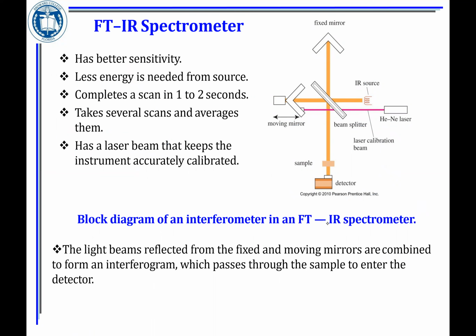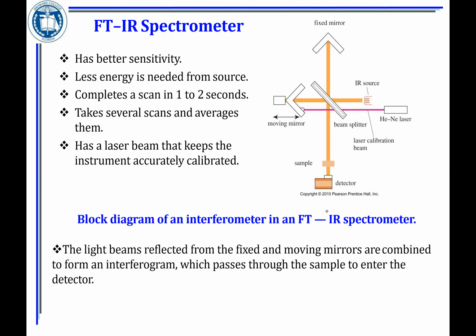So four major parts again: light source, sample holder, detector, and recorder. The difference between IR and FTIR is that FTIR scans more than one time and takes the average. So it's more advanced compared to an IR machine. I don't think any university is using plain IR. When I was using an IR machine in 1992, the machine that I used was an FTIR.